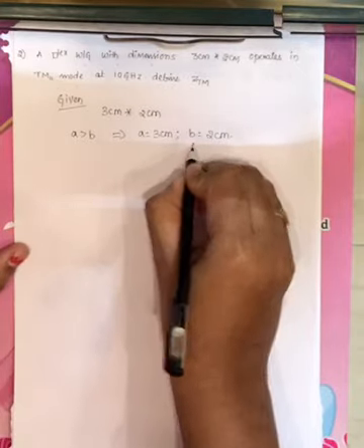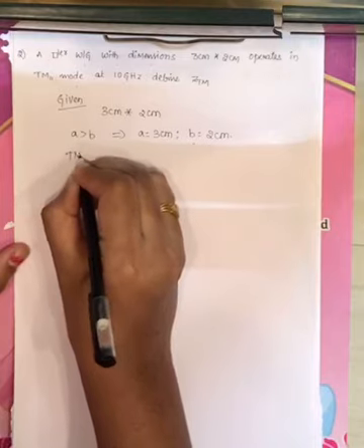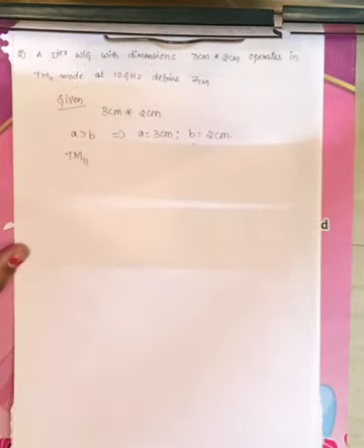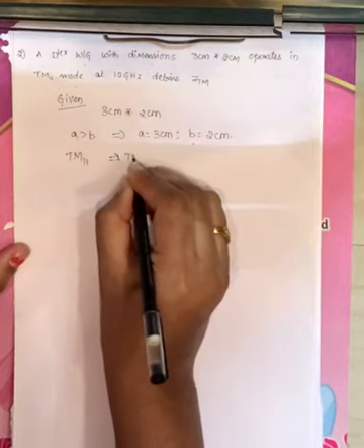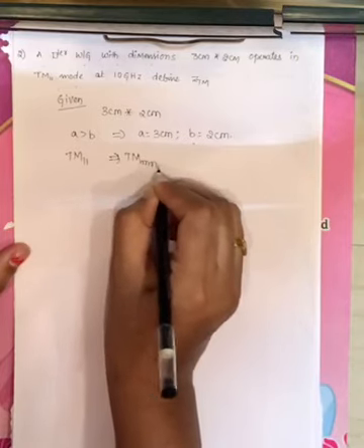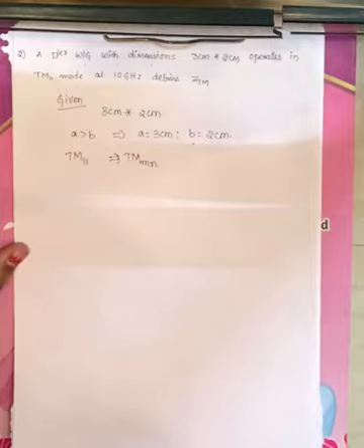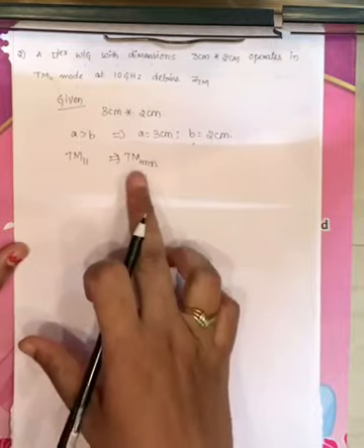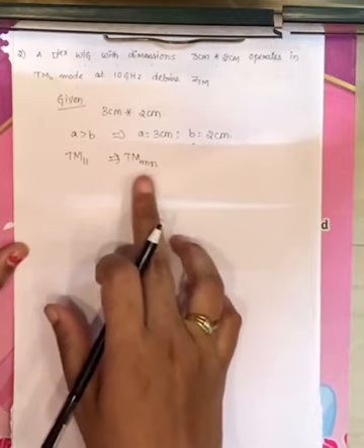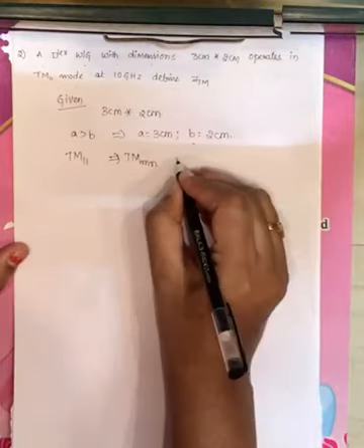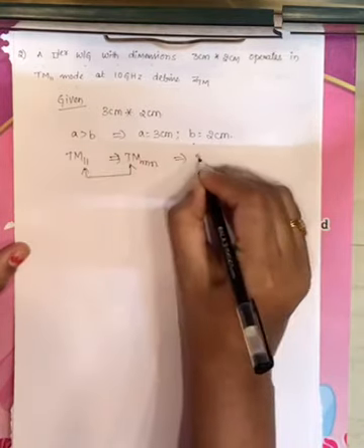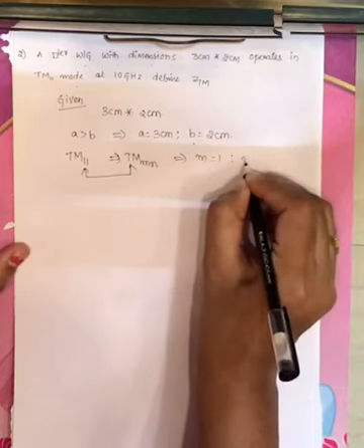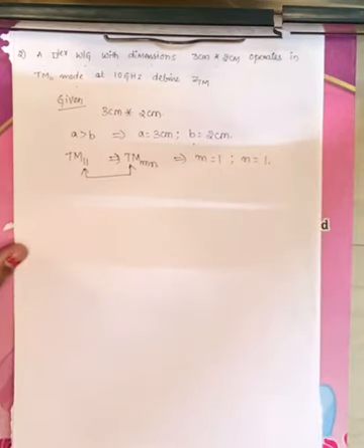And this particular waveguide is operating under TM11 mode, and the mode representation, you know, is TEmn or TMmn, either TE mode or TM mode. Now if you compare, what is the value of m? m equals 1 and n equals 1.